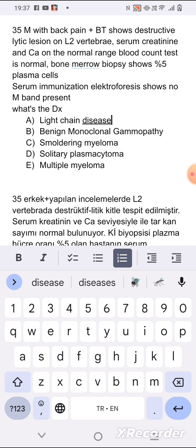It is so important for you, as it is asked multiple times that IgG is for multiple myeloma, IgM is for Waldenström macroglobulinemia, and also in Waldenström macroglobulinemia, you usually can see splenomegaly or lymphadenopathy, whereas in multiple myeloma, you will never ever see that.